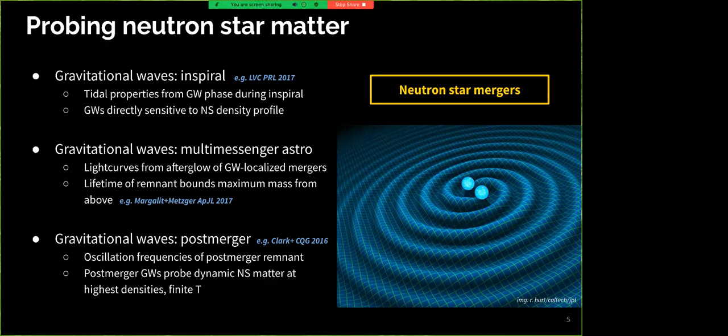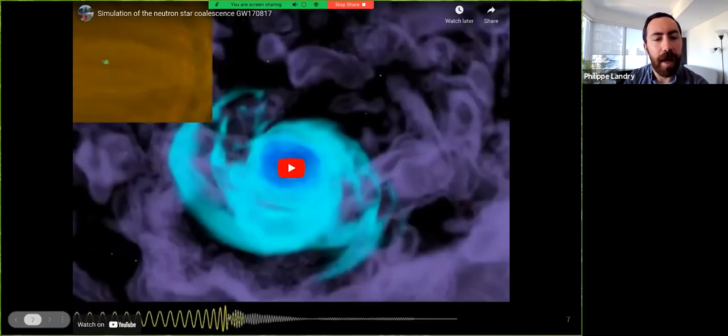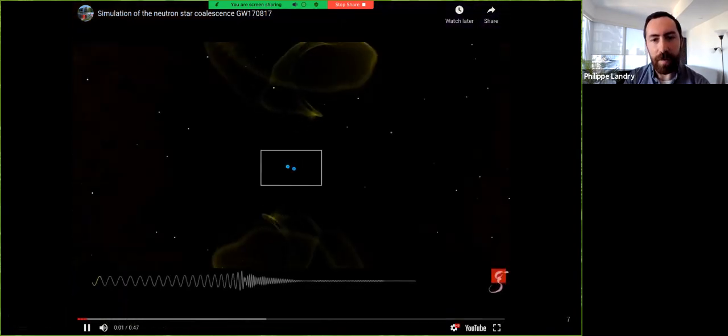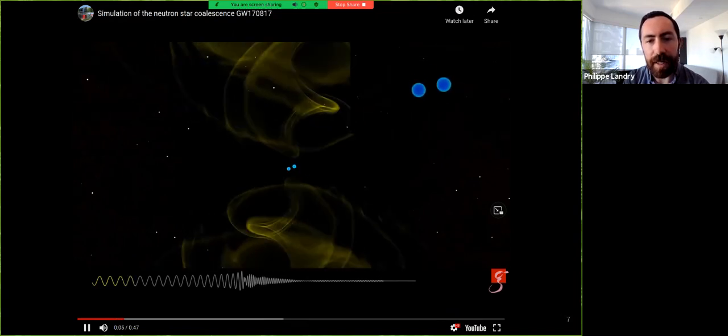Okay. So just to illustrate the different signatures of neutron star matter coming from these mergers, I want to show a simulation of a binary neutron star merger from the SXS collaboration. I'll hit play on this video and talk through it here. So we're seeing two neutron stars in blue there in the middle, getting closer and closer together.